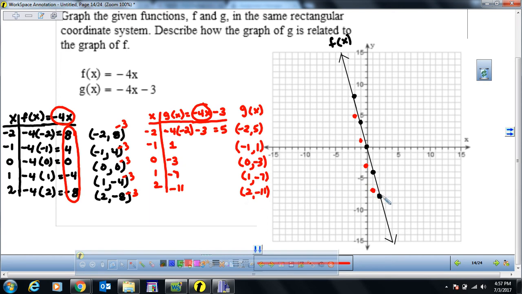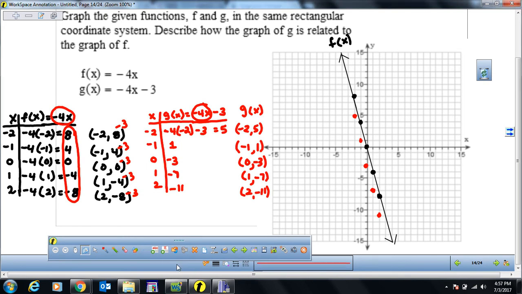And then 2, comma negative 11. Negative 11 is going to be right here. So you see that there are two parallel lines that we're going to get. If we graph g of x, it's going to be parallel to f of x. That's basically what we're going to have. Let me just make it more accurate here. This is what we are going to see on the function g of x.